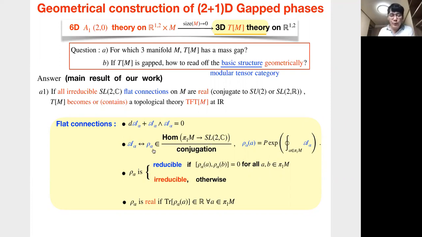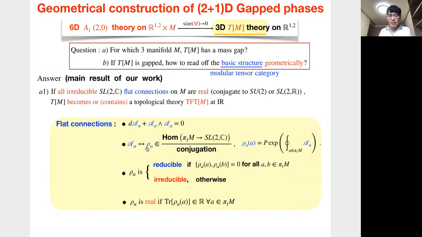For each element of the fundamental group, we can associate an SL2C matrix using these holonomy matrices, and this matrix should satisfy the relations of the fundamental group. In this way, from a flat connection we can construct this homomorphism.